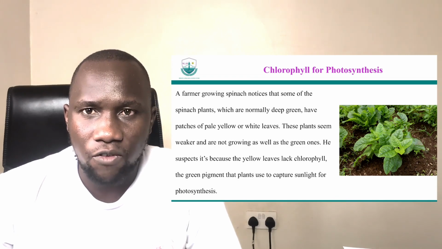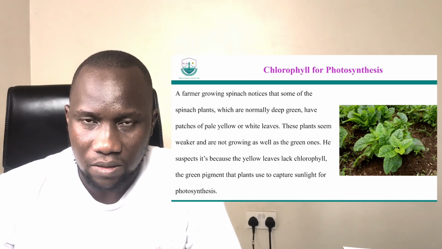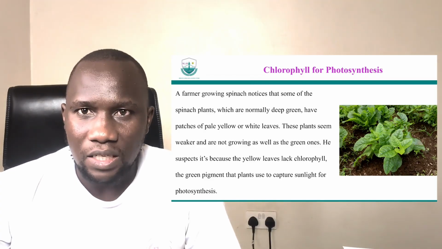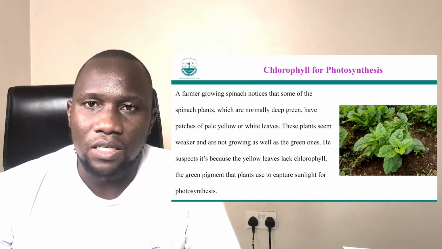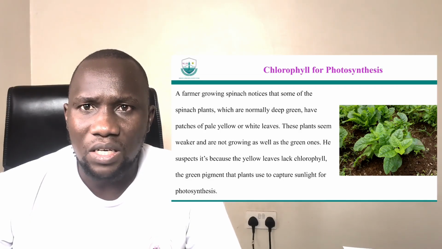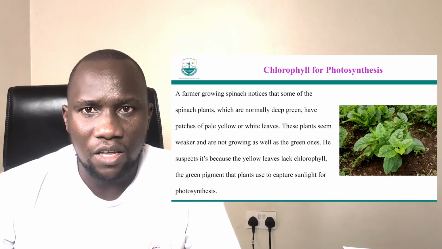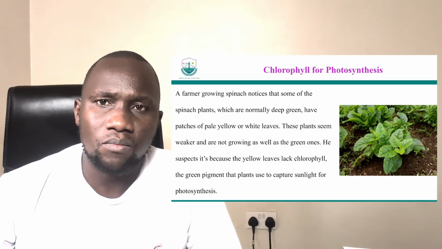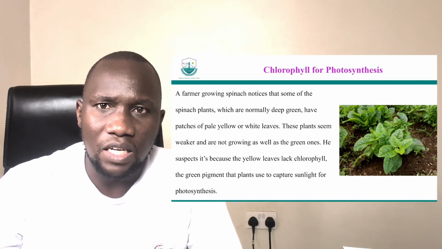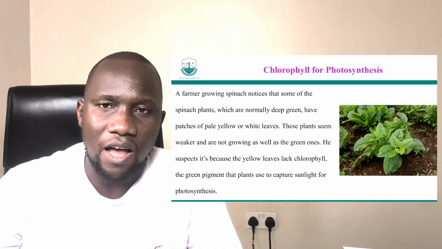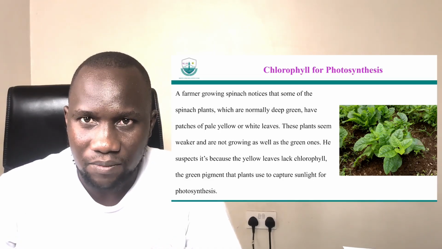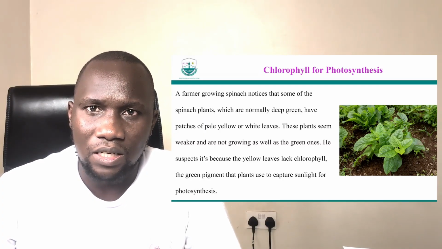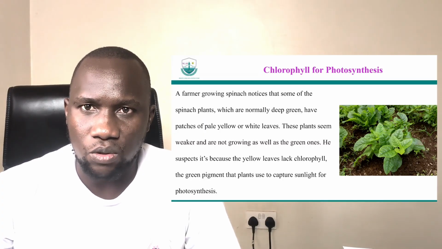This farmer notices that normally his spinach is green and growing well and thriving, but there's some spinach that have a yellow color, and this yellow color is not something usual.